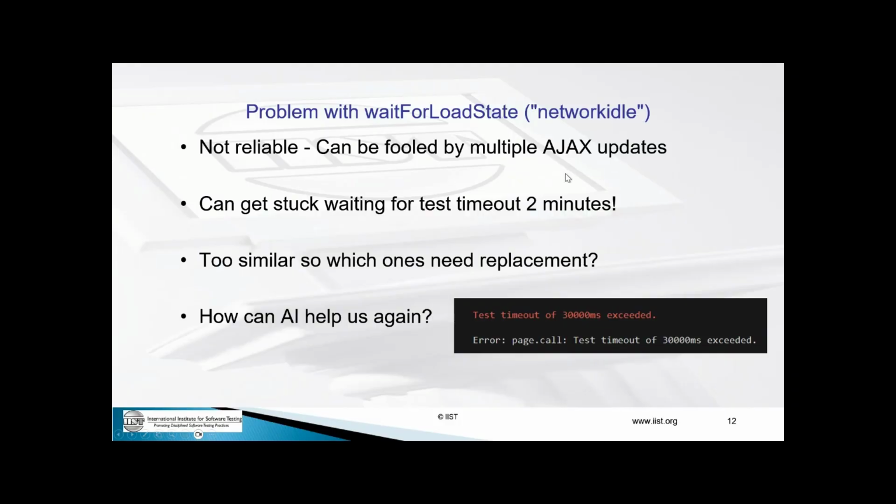Oh, wait, and I'm done. And you don't have a second chance at it. Also, it could be getting stuck waiting for 2 minutes, and you get a message like, hey, we had a timeout of 30 seconds, which was as long as the test is, and it failed at this line. We don't want to do that.